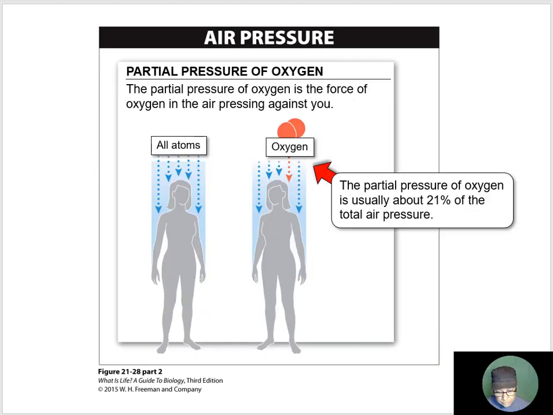Now, so what is the partial pressure of oxygen? I told you we're able to take in air because of the partial pressure of oxygen. So the partial pressure of oxygen is the force of oxygen in the air pressing against you. So here we've got all the atoms that are in the air pressure that are pressing against you at the elevation that you are at.